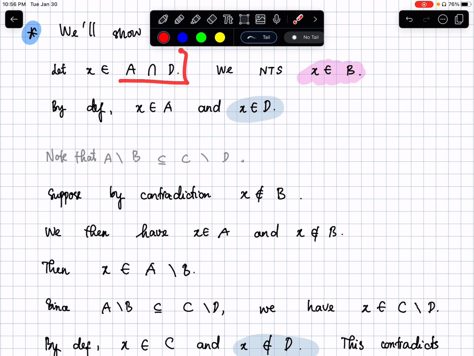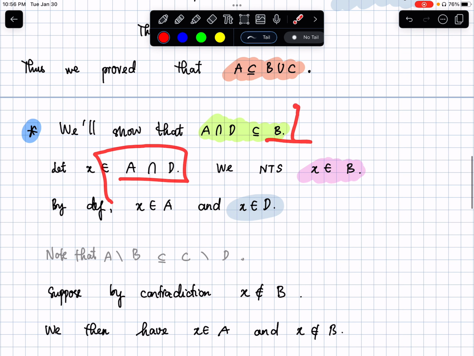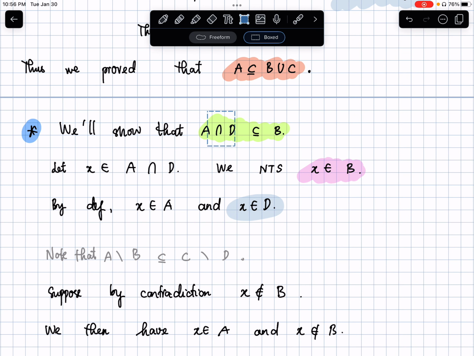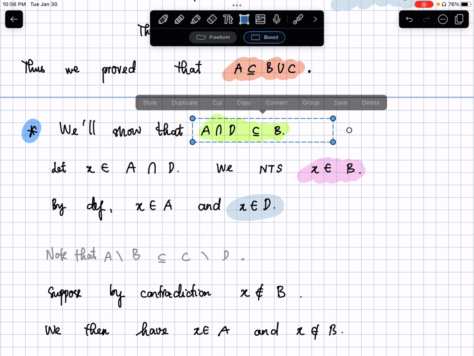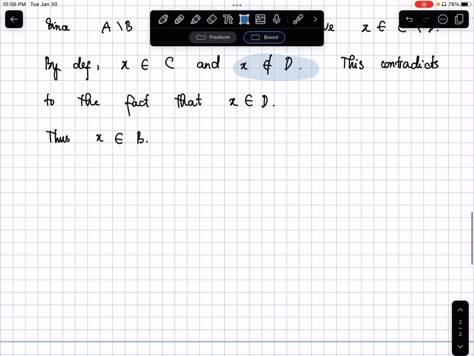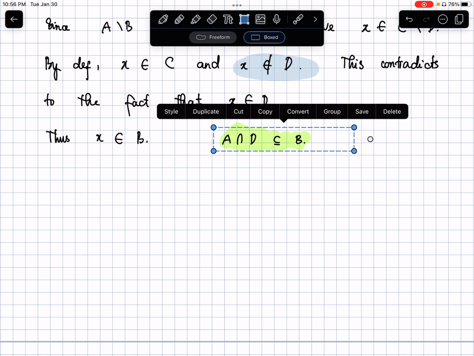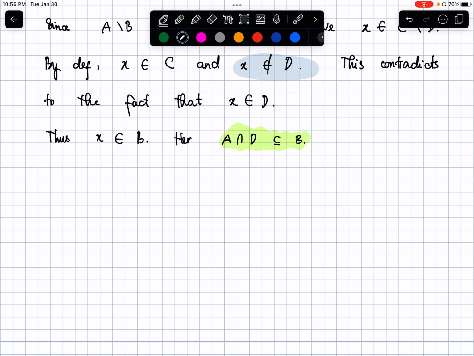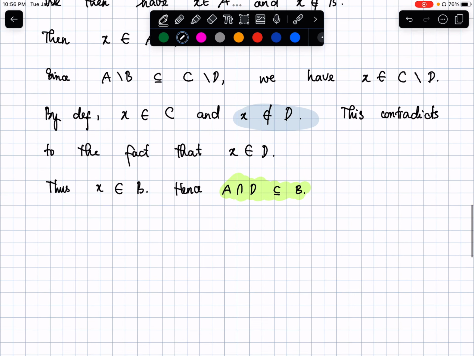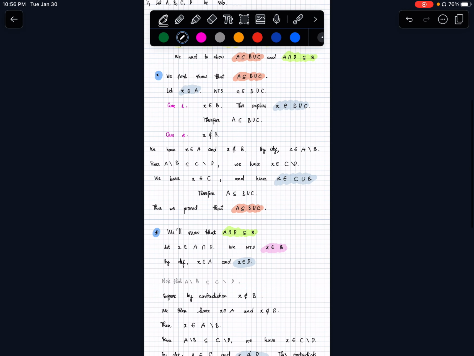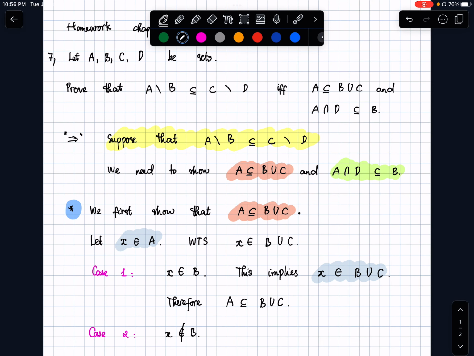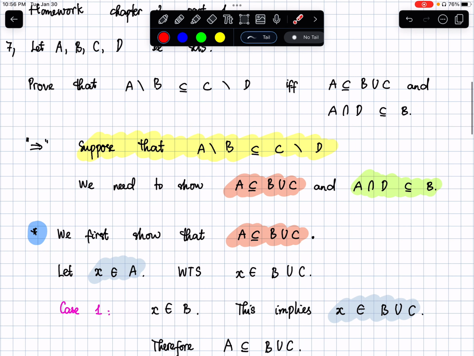And therefore, this set is a subset of B. And this is the first part, or the first direction, of this biconditional statement. So we proved this part.